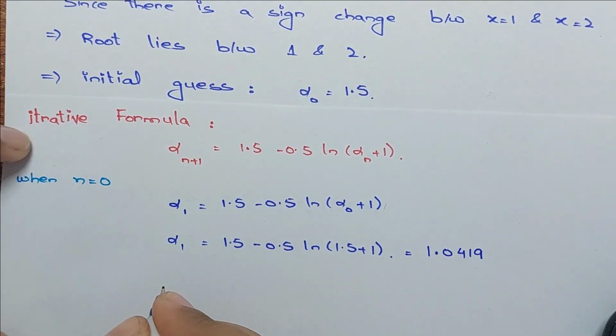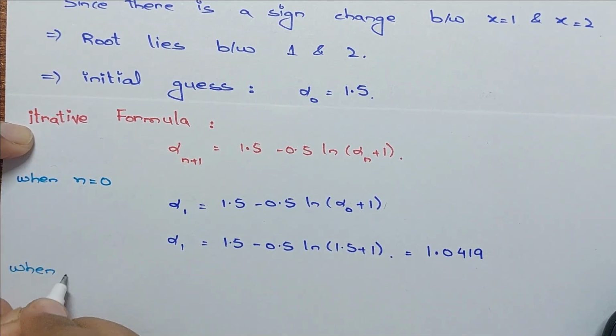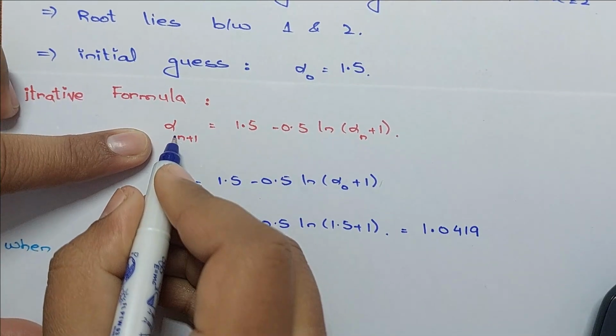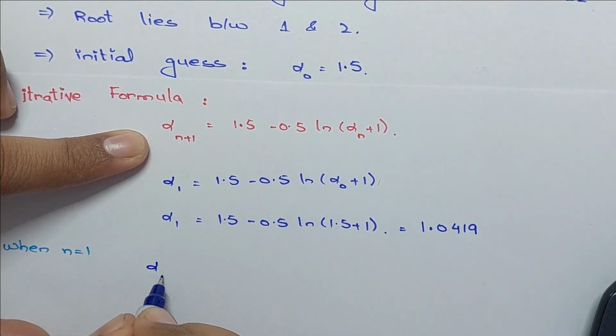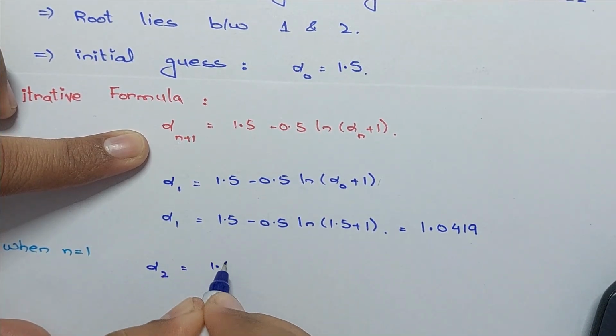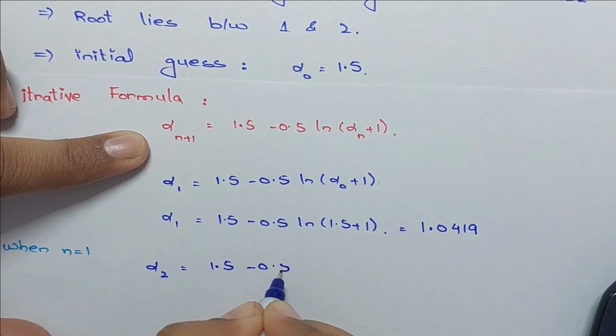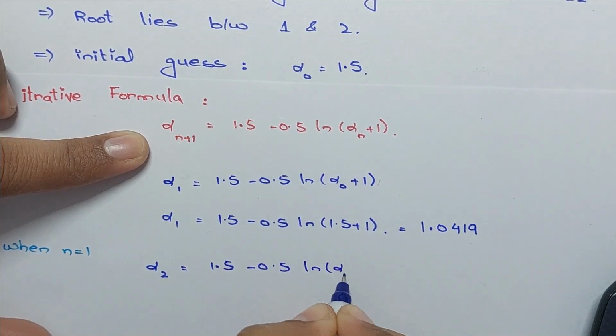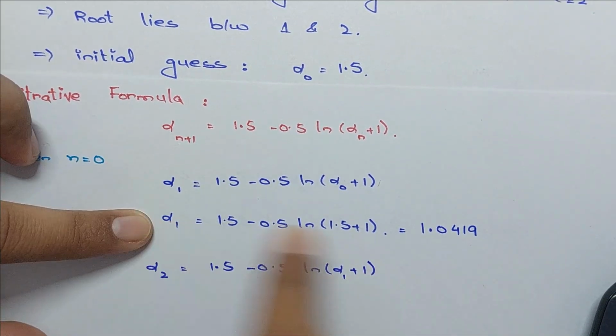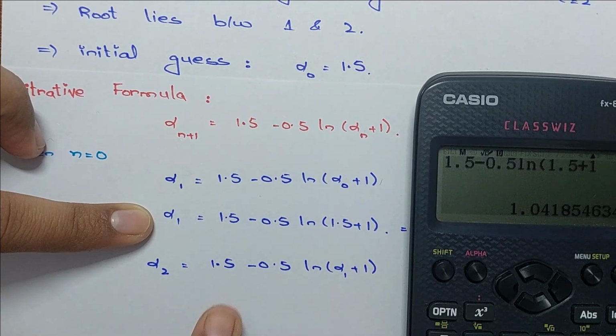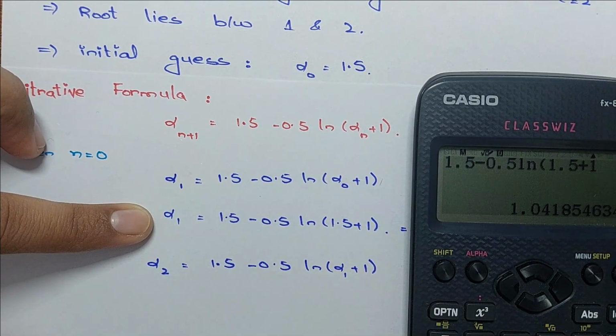Now for the next iteration we can say when n value is 1. So when n is 1, alpha 1 plus 1 is 2, 1.5 minus 0.5 ln of alpha 1 plus 1. So what is alpha 1? Alpha 1 is this value, 1.5 minus 0.5 ln of alpha 1.